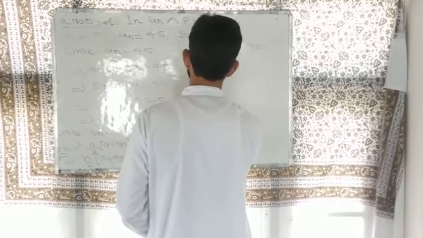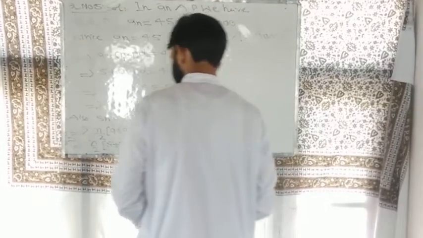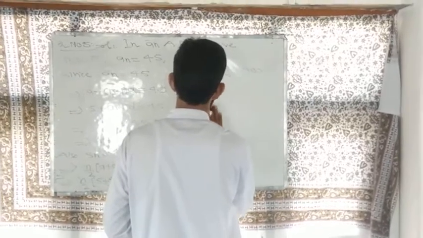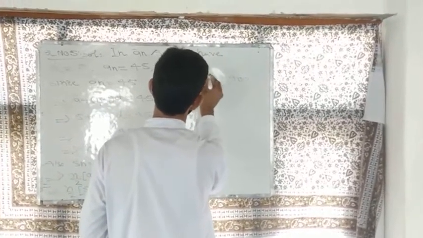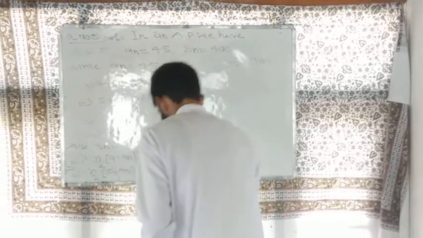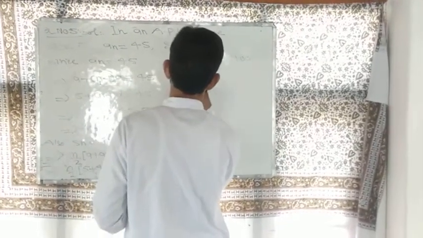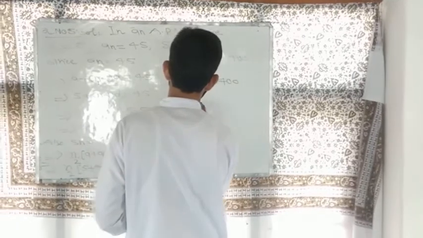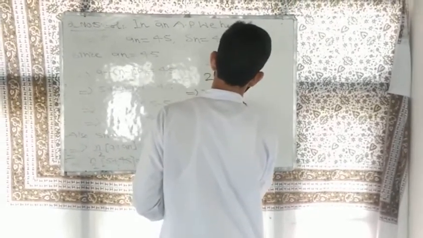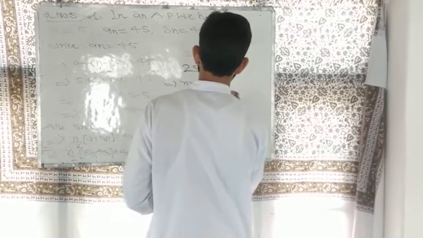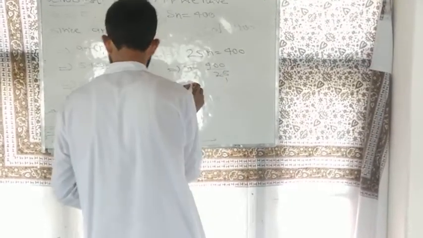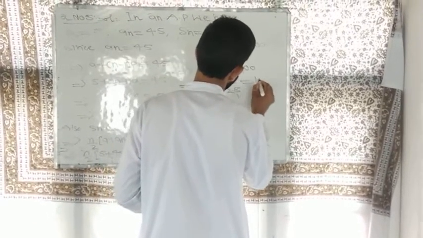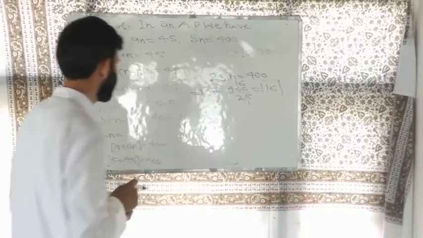This simplifies to 25n equals 400. This implies n equals 400 divided by 25. 25 times 16 is 400, so n is equal to 16.